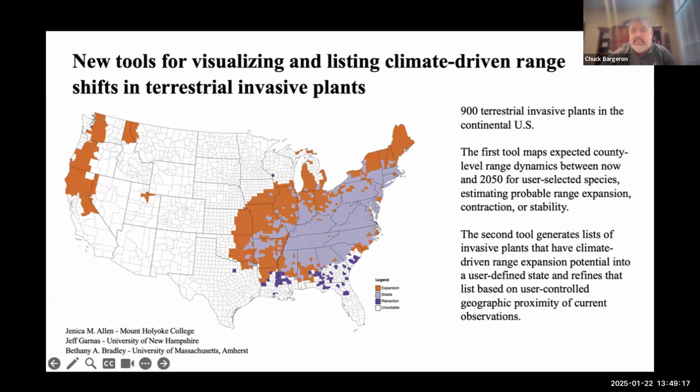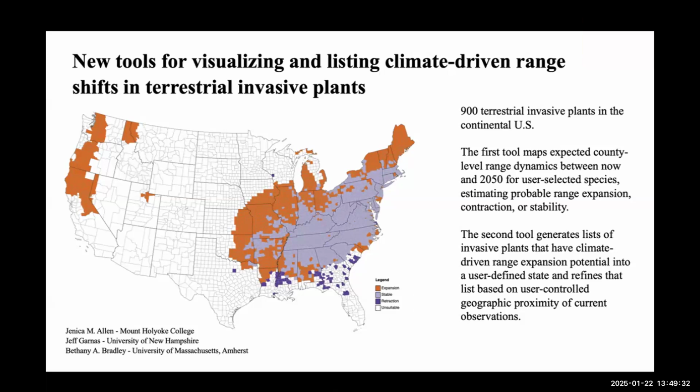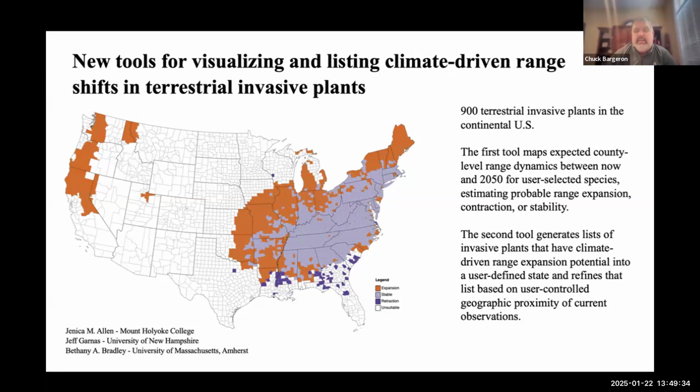You'll see two different maps using these colors as I go through these species. One is the more conservative view, and one is the more liberal view in terms of how many different models have to agree before it shows that change.